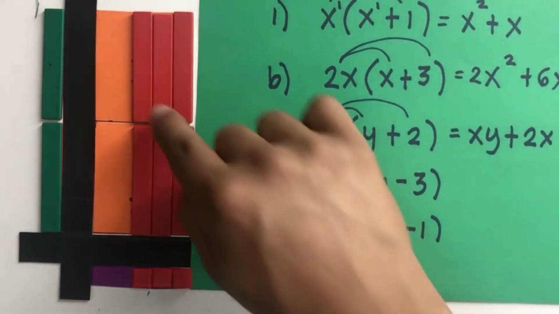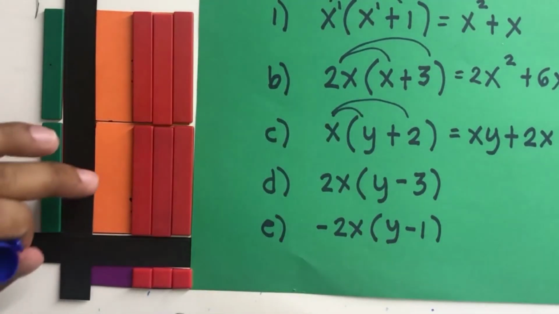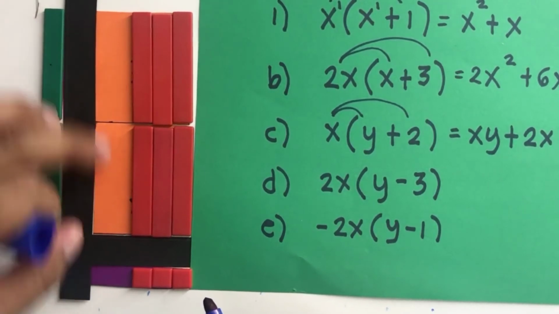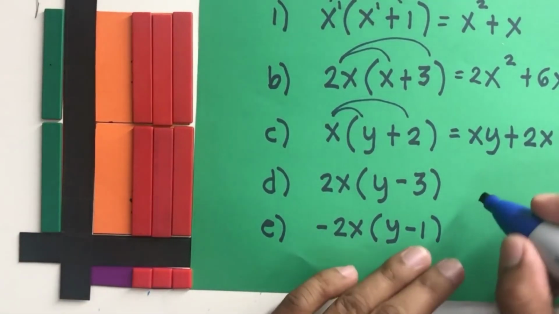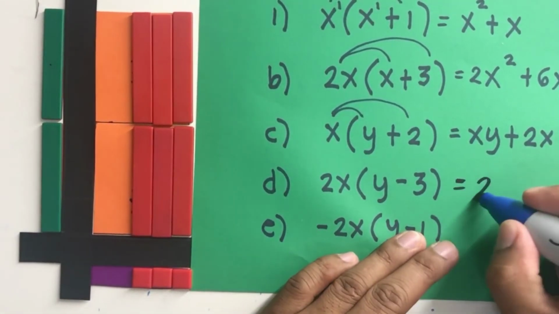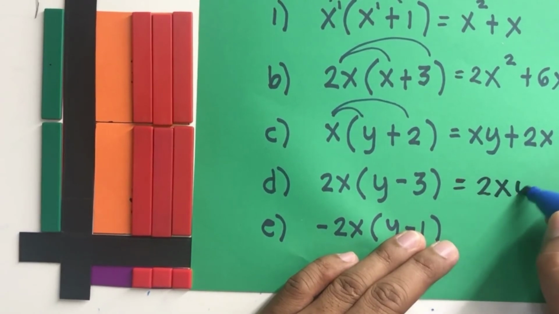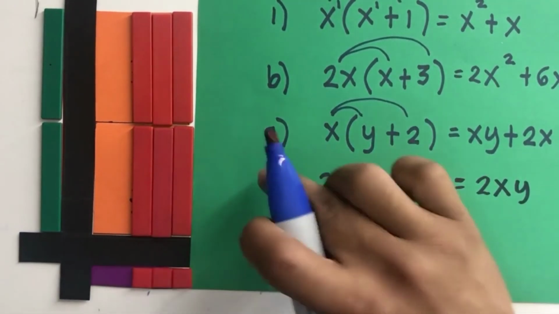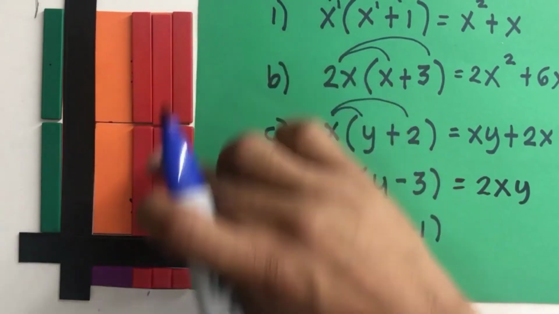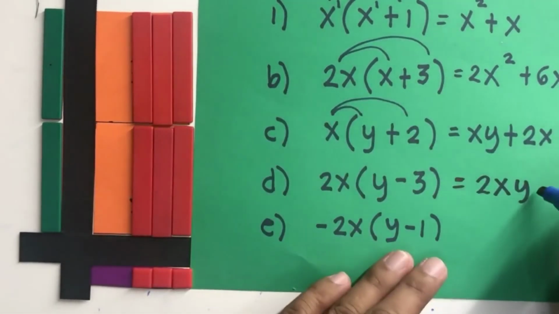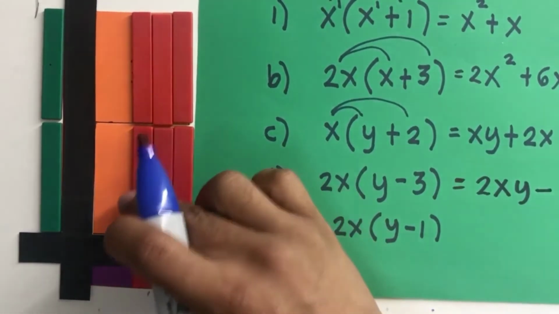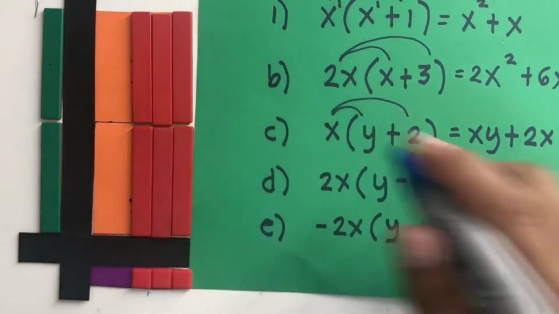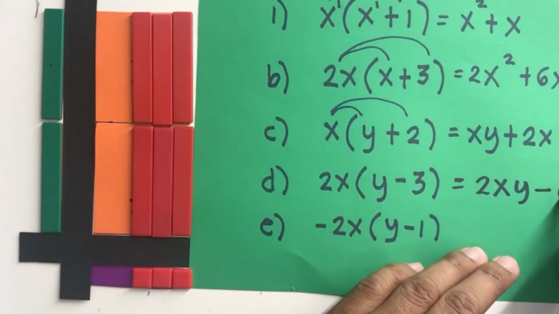But how do we read now our answer? Notice that I put 2 xy's under. So that means I have 2xy, but I cut away this red area, so that means I have to subtract 1, 2, 3, 4, 5, 6, so 6x.